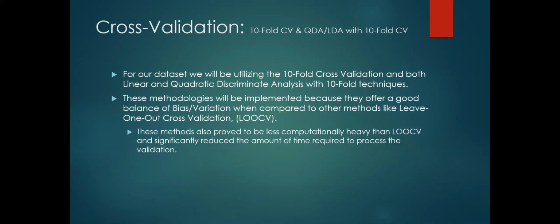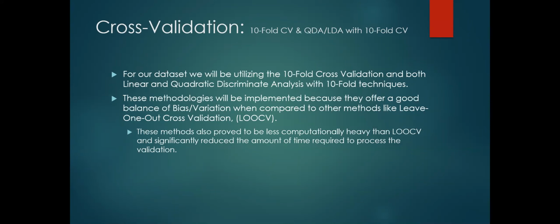So what we had to do was decide on models to use to validate our data. The ones we selected were the tenfold cross-validation, the quadratic discriminant analysis, and linear discriminant analysis with a tenfold.